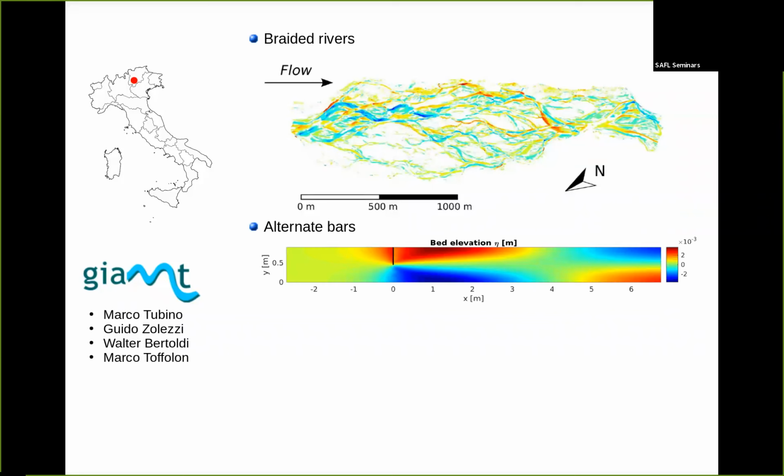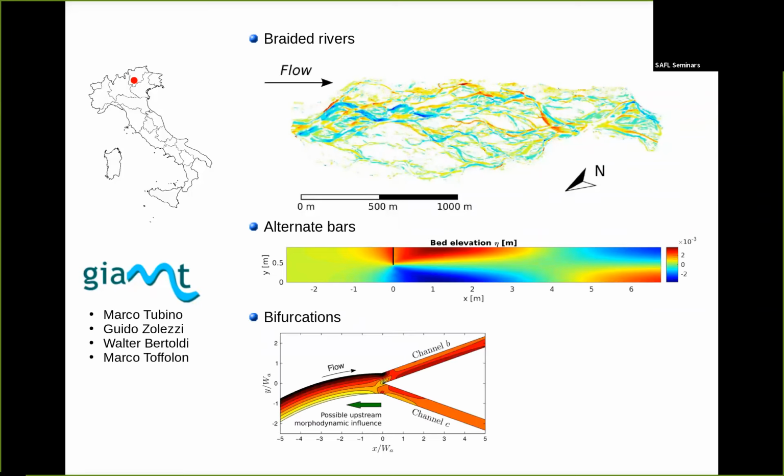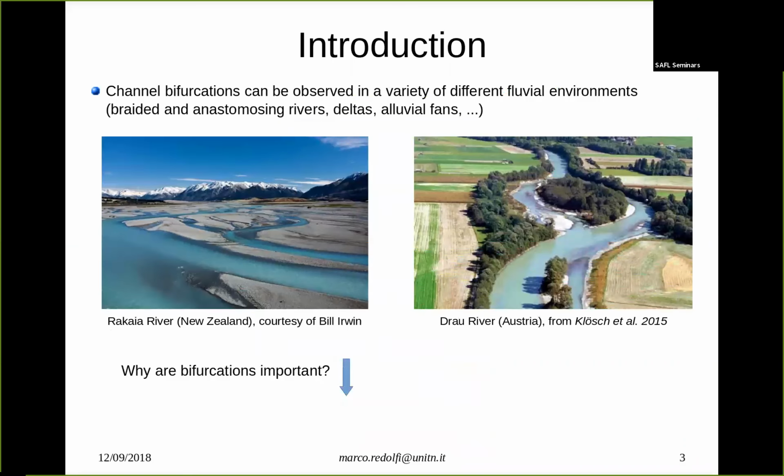This is an example of what we are working on with Mirko and Michele: a pattern of alternate bars triggered by an array of hydrokinetic turbines. And the third topic is about bifurcation, which is the topic I will speak about today.